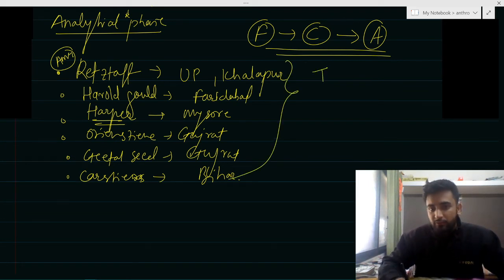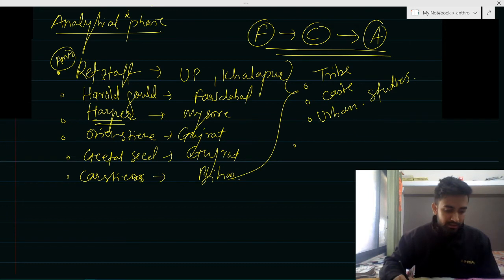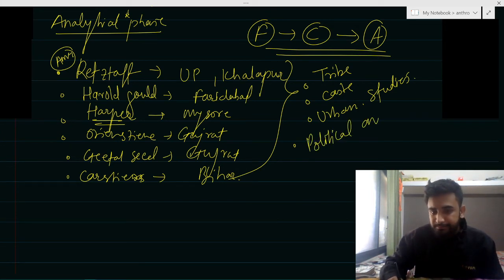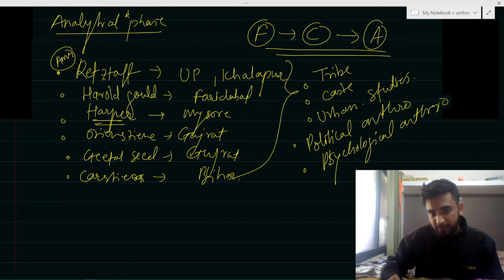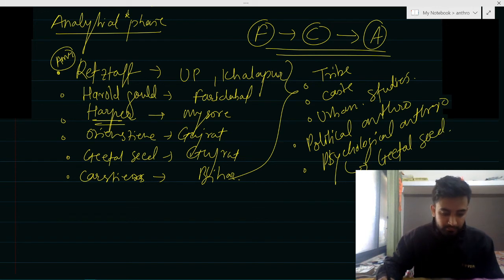These people have contributed to tribe, to caste, to urban studies, of course the ruler and peasant theories, and to political anthropology. They have also contributed to psychological anthropology, by doing psychological profiles, as Gitel Steed did.